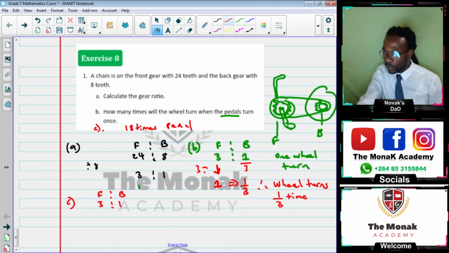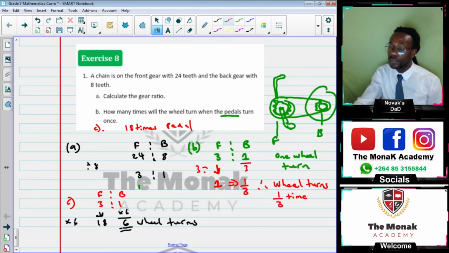So if the pedal goes to 18, how many times does the back turn? So how did we get 18? It means we multiplied by 6. 3 times 6 gives us 18. So we also need to multiply by 6. So it becomes 6 wheel turns. That's how you always look at these things.